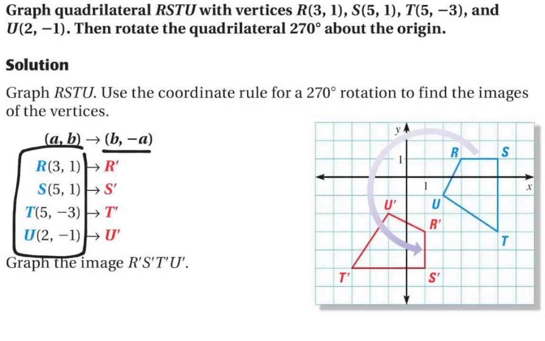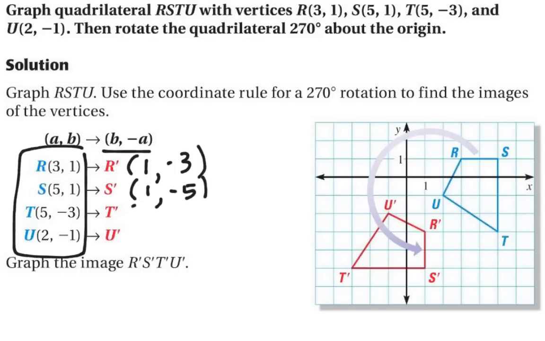So let's go ahead and apply that now. For R prime, I'm going to have the point 1, negative 3. Take a second to make sure that you understand why and how I came up with those numbers. Go back and look at the rule for this 270-degree rotation just to make sure that I've done this correctly. So for S prime, then I should be using 1, negative 5.